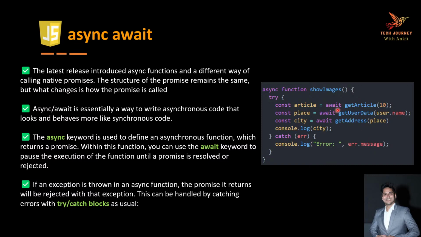Now the next key thing that you should know whenever you are dealing with async await is, whenever you have to use this await keyword, it is mandatory that your function is an async function. You cannot use this await keyword outside the asynchronous function.